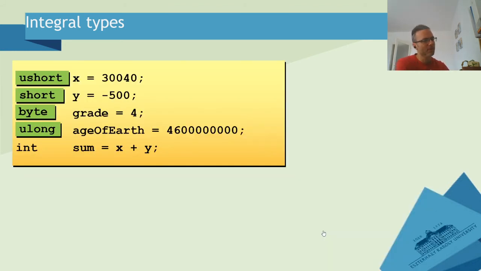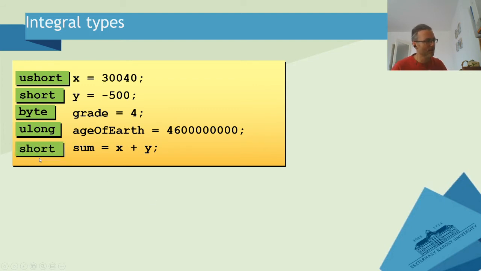Okay, and here we have the last example. Short. Oleg also suggests short because x plus y is about 30,000 again.